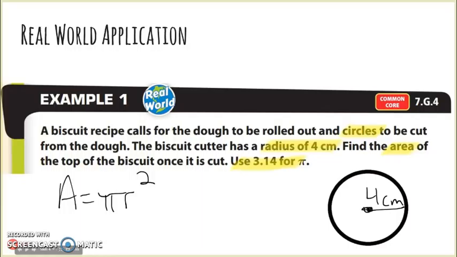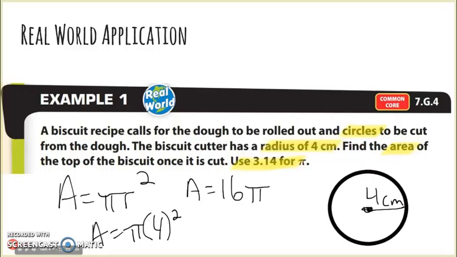In this case, I really need to know what the radius is. The radius is 4, so this is actually pretty nice. Area equals pi times 4 squared, which also tells us 4 squared can be simplified to 16 pi. Now the reason I'm writing this as 16 pi for you is 16 pi is actually an answer that you could be asked for. Notice right here it says use 3.14 for pi.